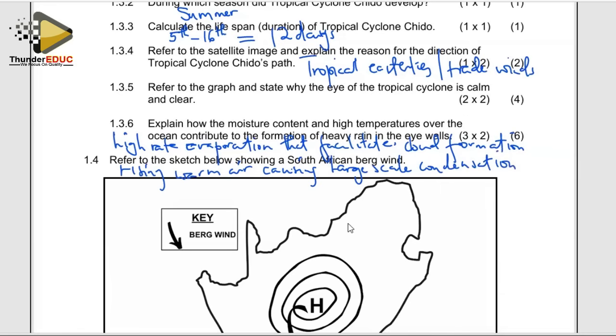There will be high levels of condensation taking place because of the rising warm air.